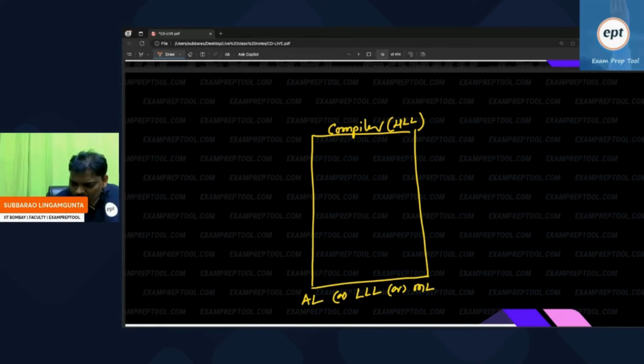The first function of the compiler is the lexical analyzer. It is a program, and inside the program there are many functions. First function is lexical analyzer. Second function is syntax analyzer.